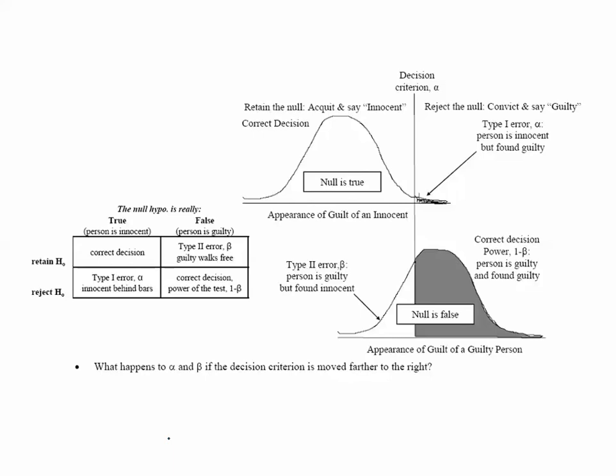So comparing it and assuming that these ratings of guilt or innocence are normally distributed, on the top, we can see that the person is truly innocent, and when the jury rates this person, you can see that the bulk of those ratings are to the left or low. And you would kind of assume that this is an absolute 0 or absolute innocence.